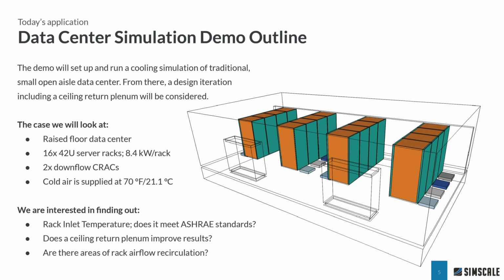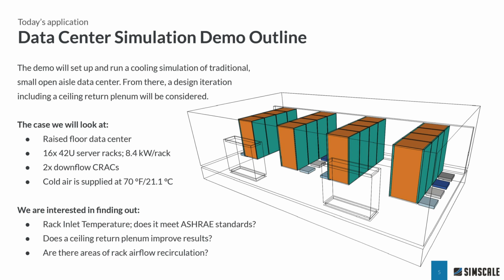Just for anyone who may be a little new to this, a U is basically a slot. It's roughly a couple inches, and that's usually where a server would sit. In terms of energy density, we've got 8.4 kilowatts per rack. That's actually on the high side, really, for designs that maybe don't have a more sophisticated cooling approach. But I guess we're going to see if we pull it off here and understand if we can maybe improve the design a bit.